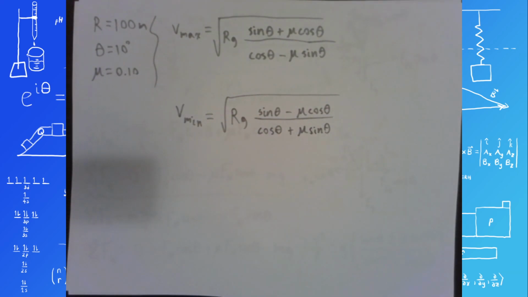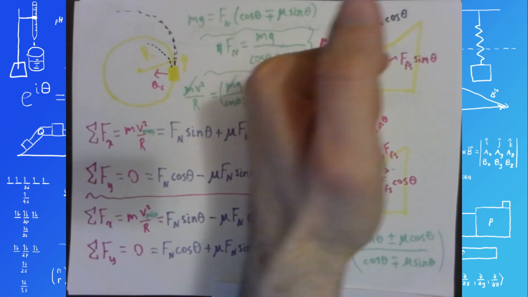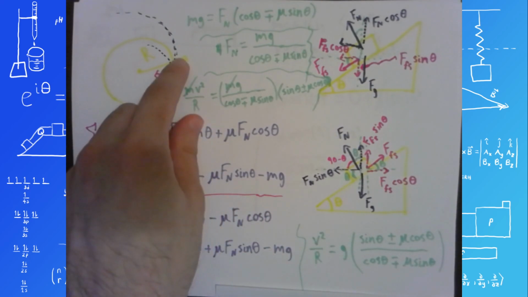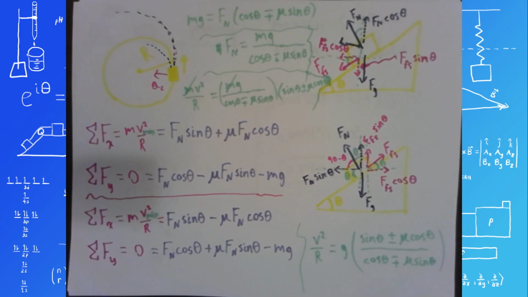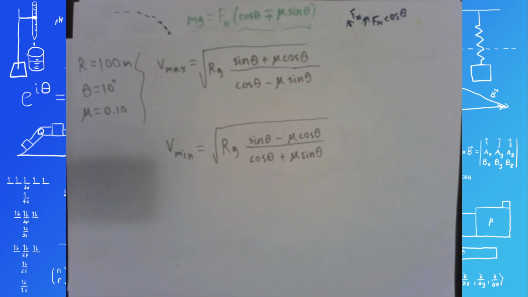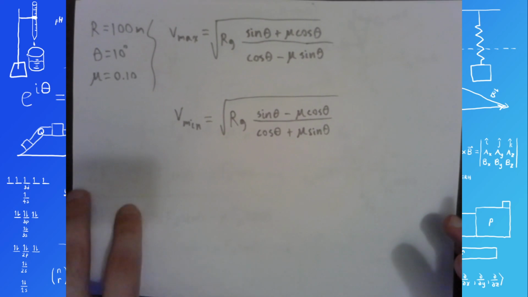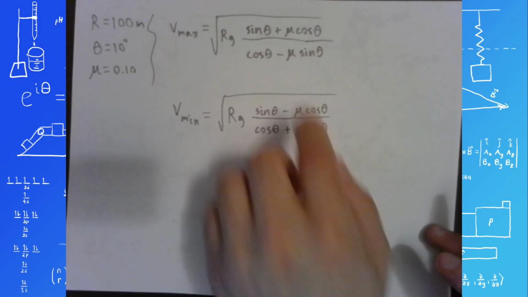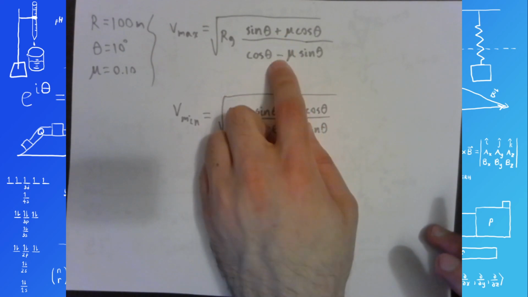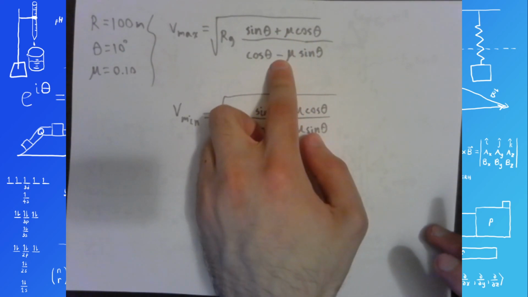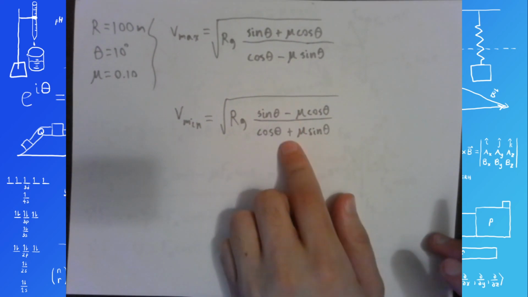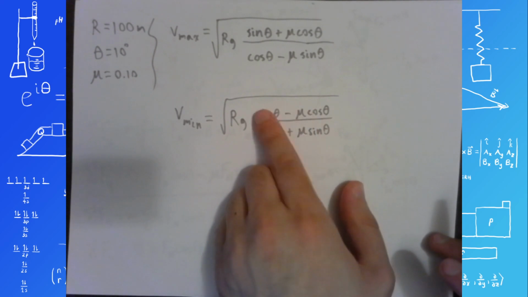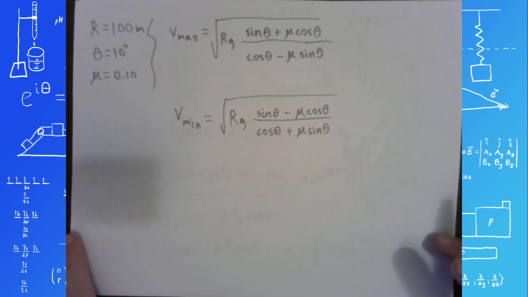I guess another way you could tell which one is which, if you didn't figure out, in terms of when friction is absent, whether the car would drift outward or inward relative to the original circle, you could determine it mathematically if you didn't want to think about the physics, just by the fact that over here you have an addition over a subtraction. A bigger numerator over a smaller denominator is a bigger number overall, versus a subtraction over an addition, which is a smaller numerator divided by a larger denominator.